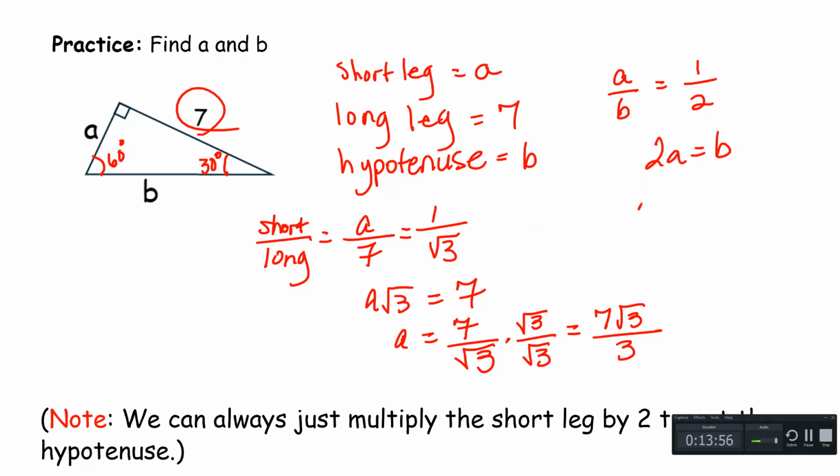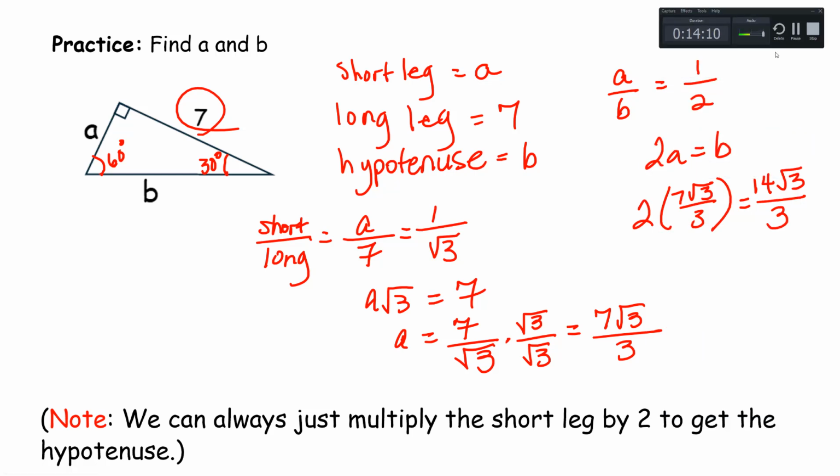And since I know that a is 7 square root of 3 over 3, that is 14 square root of 3 over 3. So for the 30, 60, 90 triangle, that is what you need to know. You need to know those ratios.